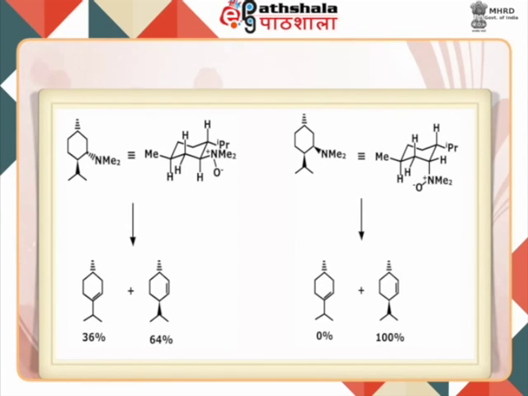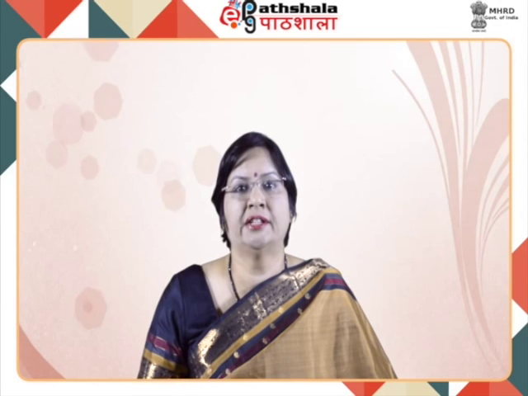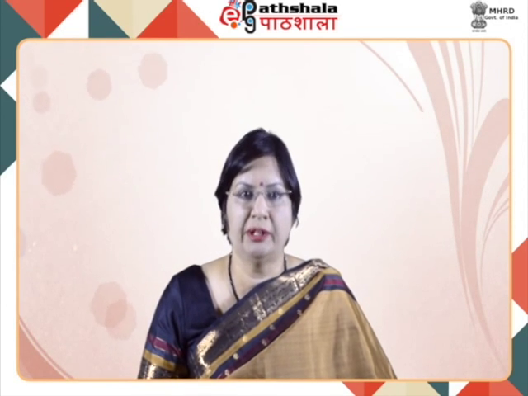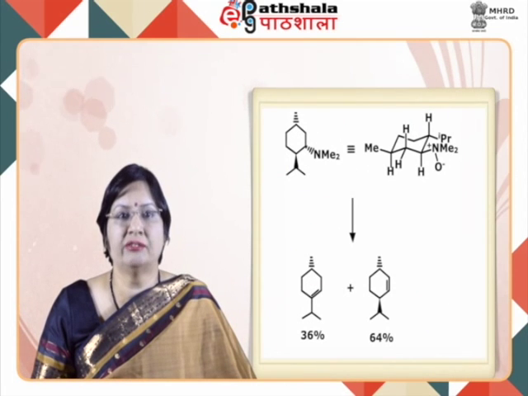Why in this first case are two products formed, in a considerable mixture, 36% and 64%? But on the other hand, when NMe2 and the isopropyl group on this molecule are on the cis side, there is 100% of only one product formed. Let us consider the first molecule.